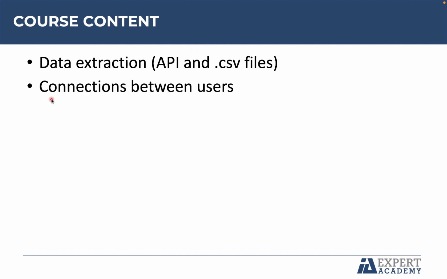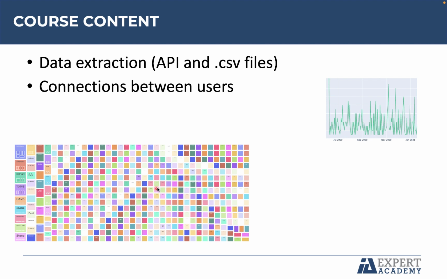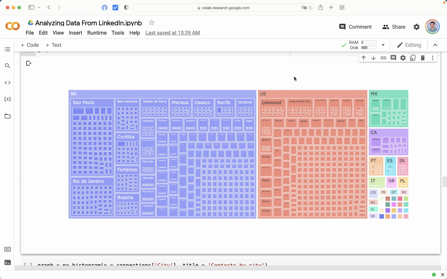Then, we will analyze the dataset of connections between users from your LinkedIn profile, and we will generate several graphs. This one here shows the number of new connections by date. This other here is one of the most interesting, where you can view the companies that are connected to your profile. Here is one example of a very interesting graph.